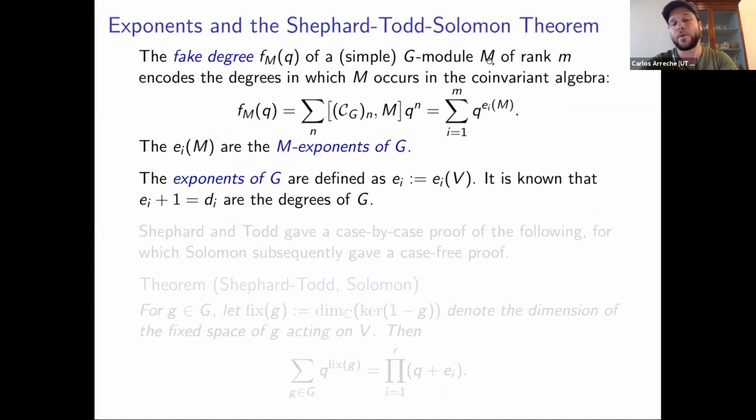Initially, for any simple G module, say of rank M, one can write down this polynomial in q that encodes the degrees inside the co-invariant algebra, thought of as the regular representation for the group, in which that simple module appears. And the exponents that you get at the end in this way, those are called the M exponents of G.